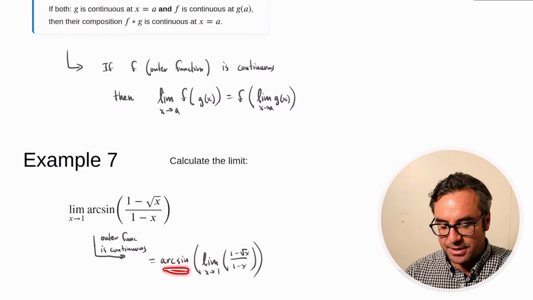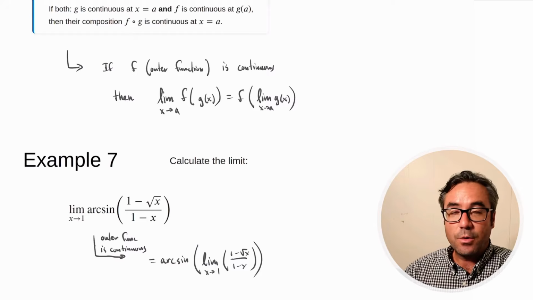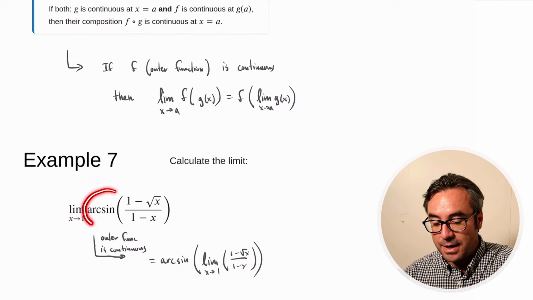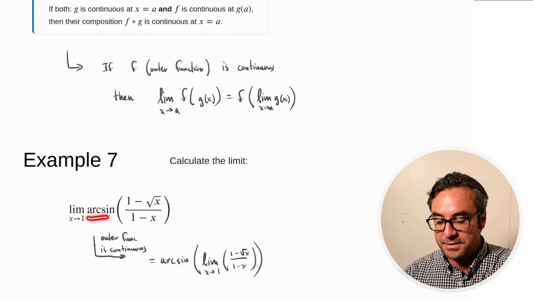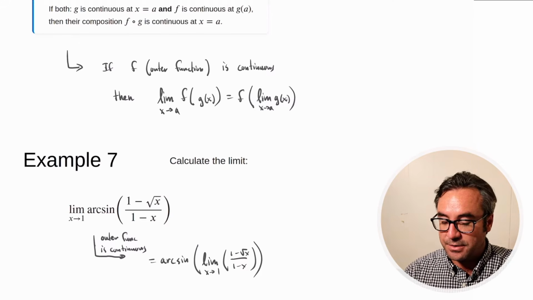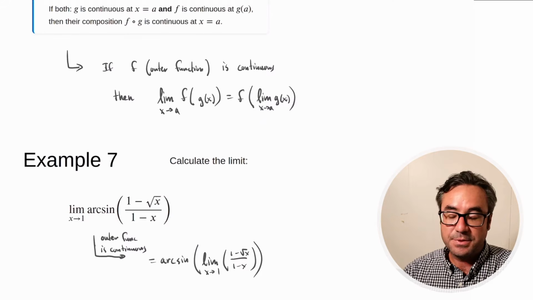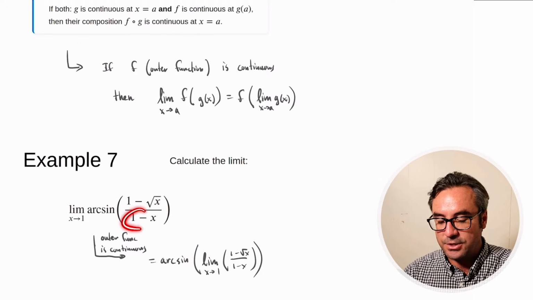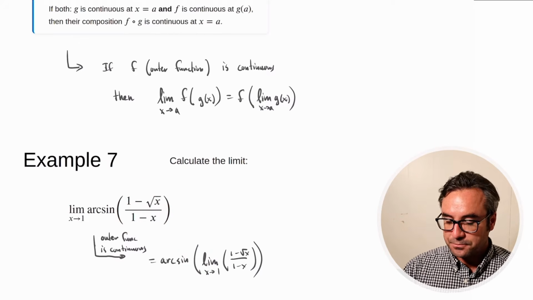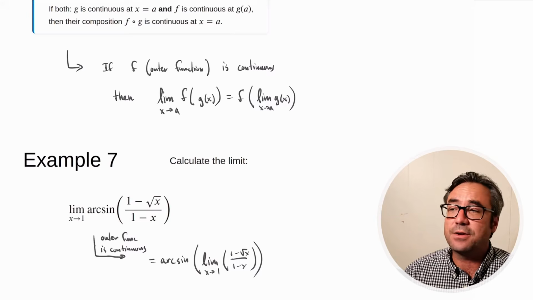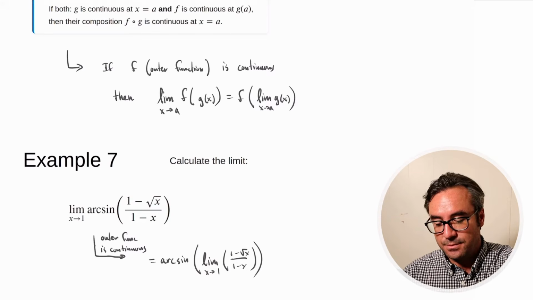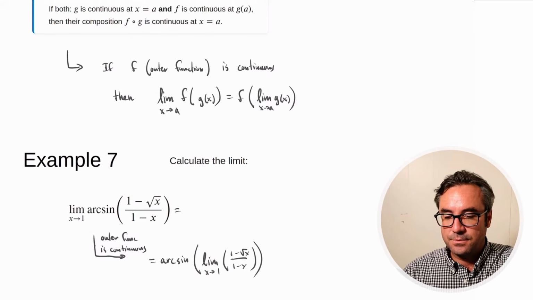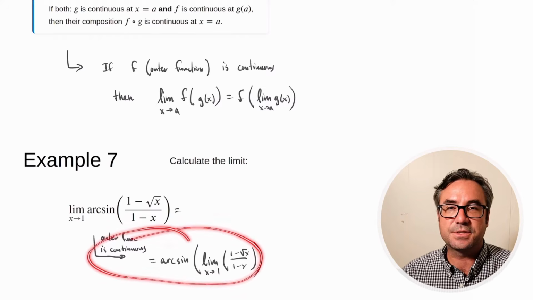Now, before we actually even get to this point, probably the first thing to try is, because this is all elementary functions, a composition, we've got inverse sine, some square roots and subtraction, we're dividing, the first thing to try is just direct evaluation, before we even start messing around with continuity.